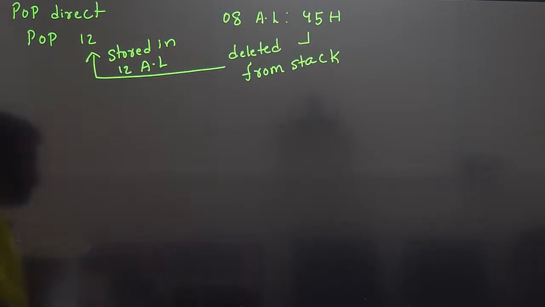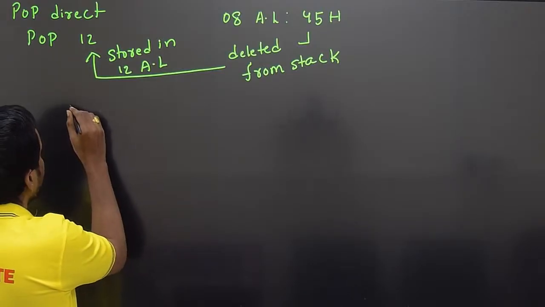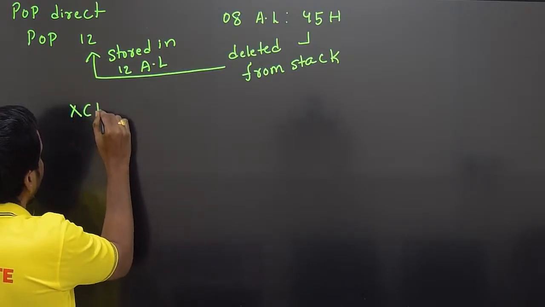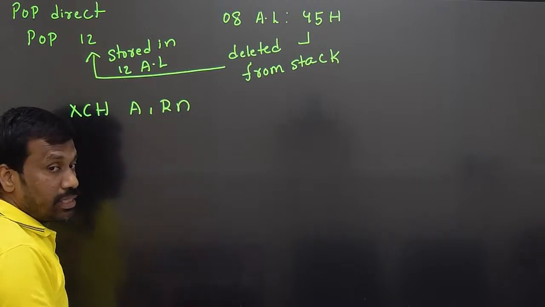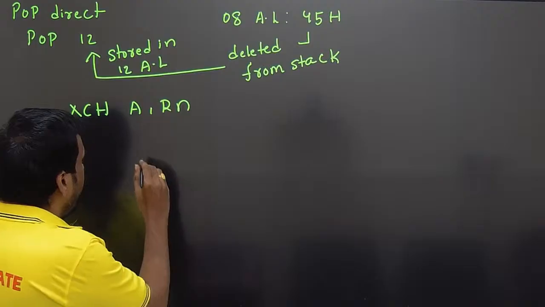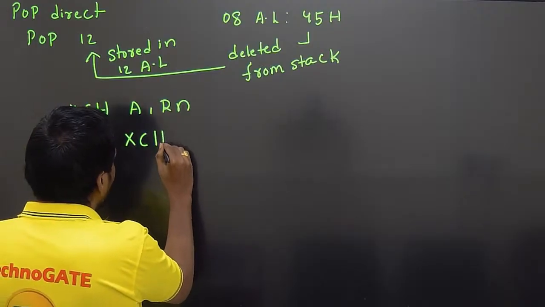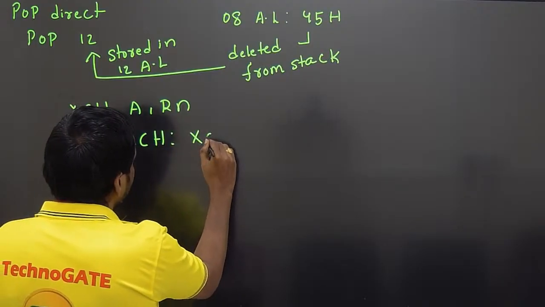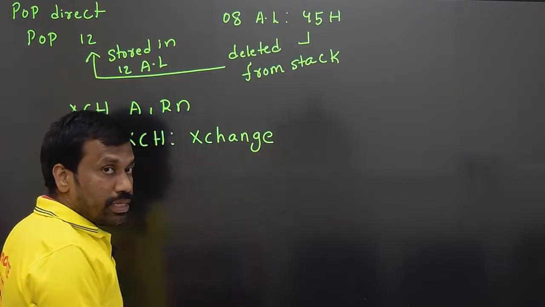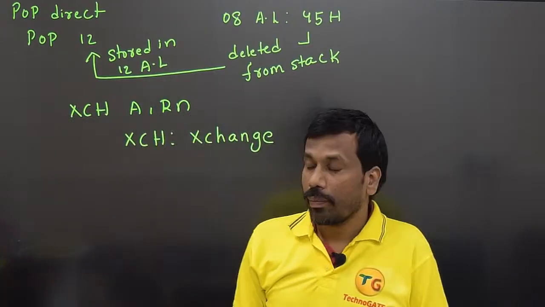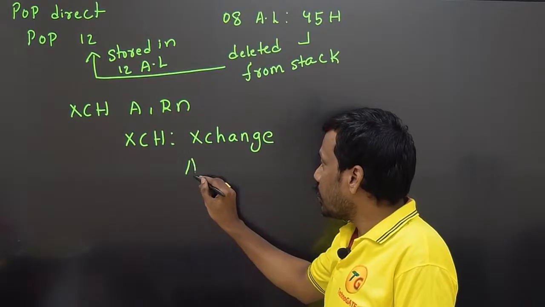XCH A comma Rn. Okay, XCH is nothing but exchange. For example, in A, 45 is there.